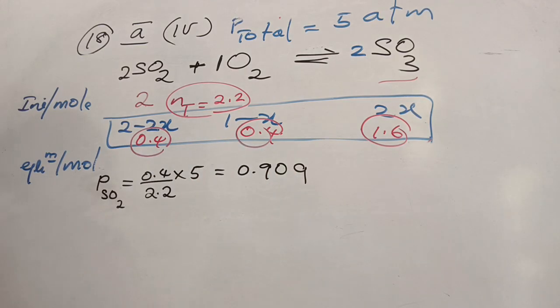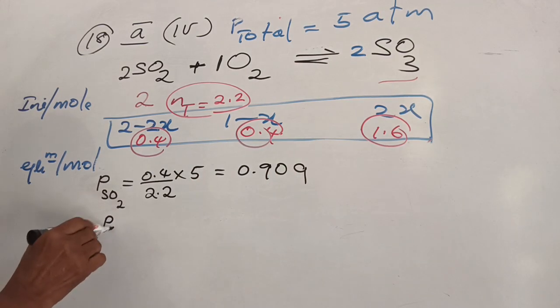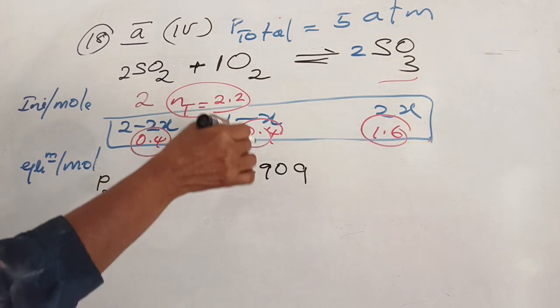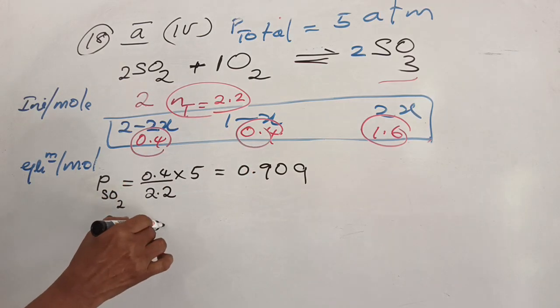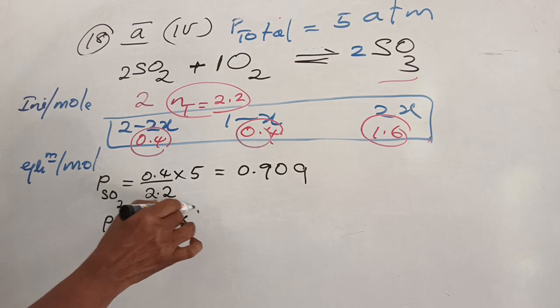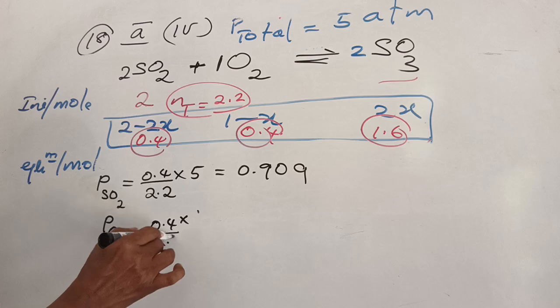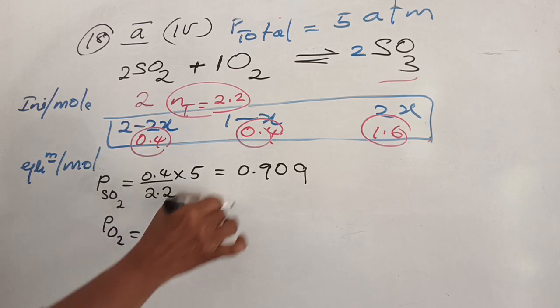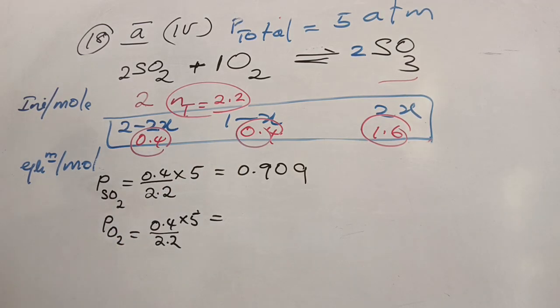In the same way, we can calculate the partial pressure of oxygen. The mole fraction of oxygen would be 0.2 over 2.2, multiplied by the total pressure of 5.